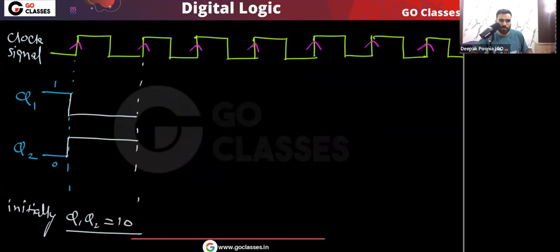At the next rising edge, from 0, 1 we will go to 1 0. At the next rising edge, from 1, 0 we are going to go to 0, 1.